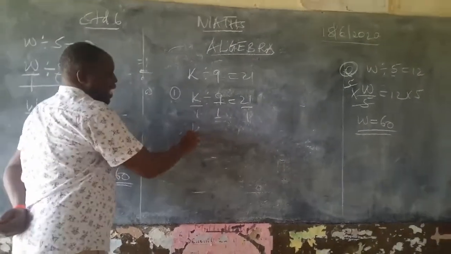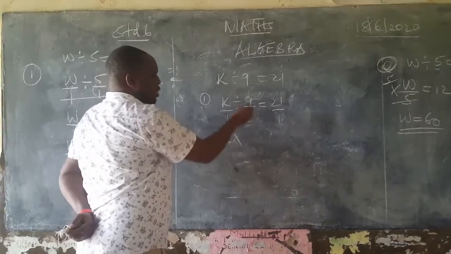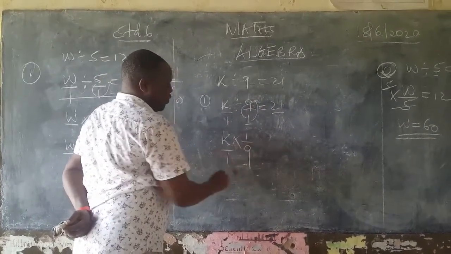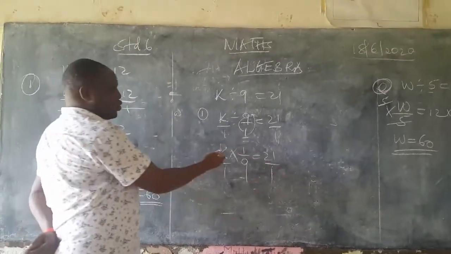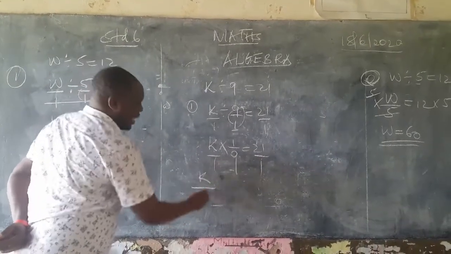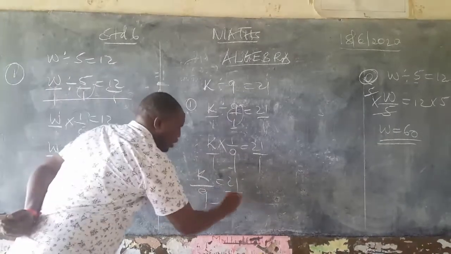So this is going to be K, and this sign will change. Multiply by, this is going to go up, this is going to come down. 1 over 9, this over 1 is equal to 21 over 1. Therefore, this is going to be K times 1 is K over 1 times 9 is 9 is equal to 21 over 1.